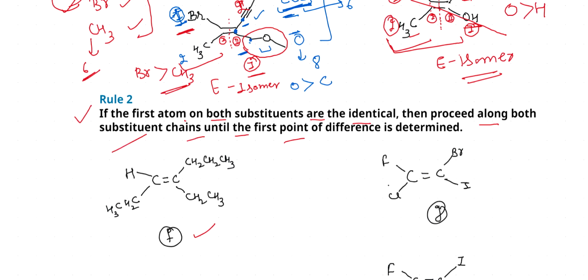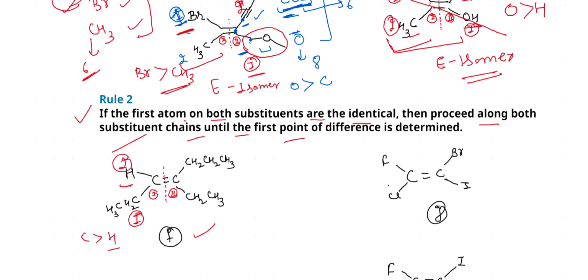In molecule F, this is your carbon number 1 and carbon number 2, and bifurcate into two parts. The carbon number 1 is linked to hydrogen and the carbon group. Of course, the carbon has higher atomic number as compared to hydrogen, so it is given first priority and the hydrogen will be given the second priority.